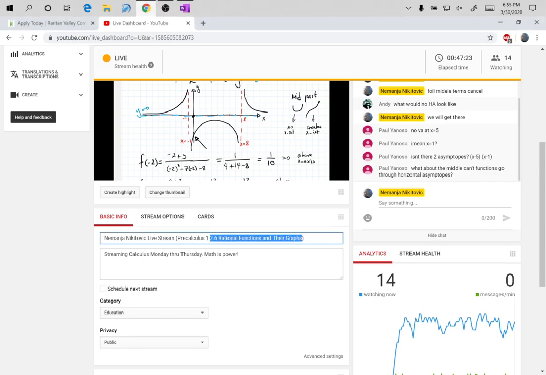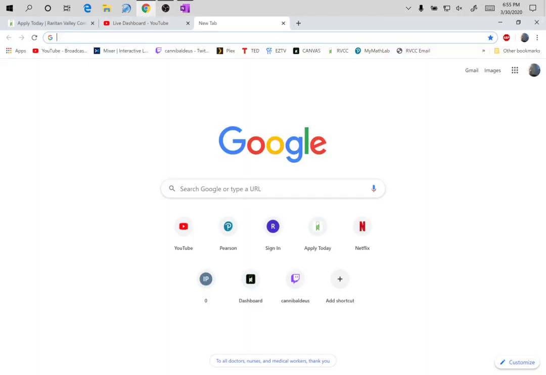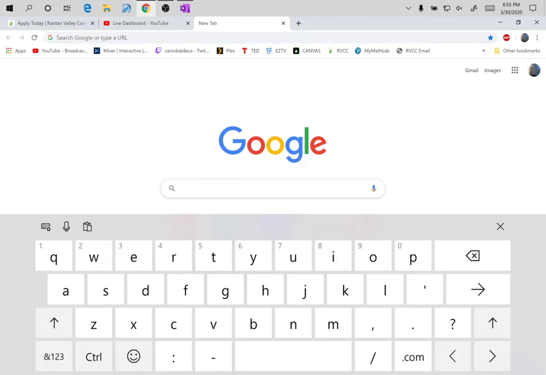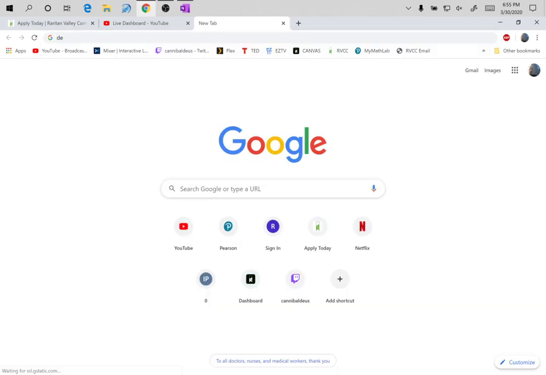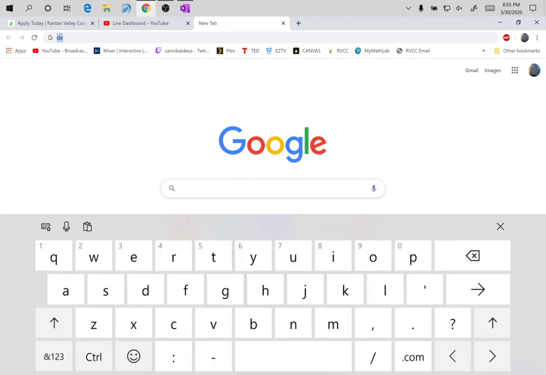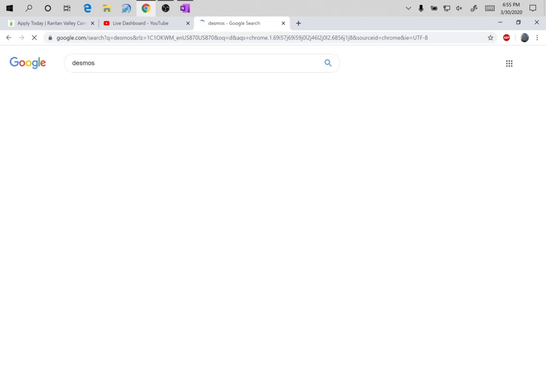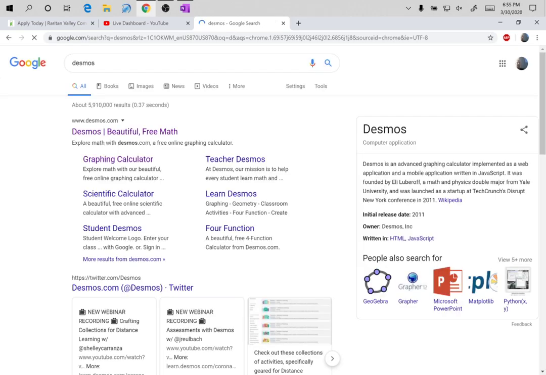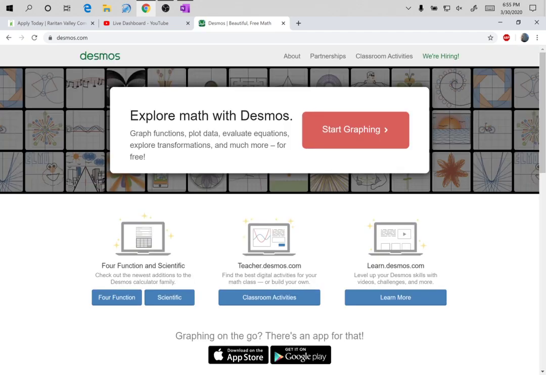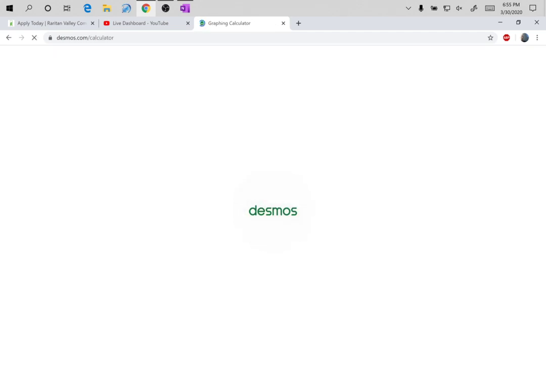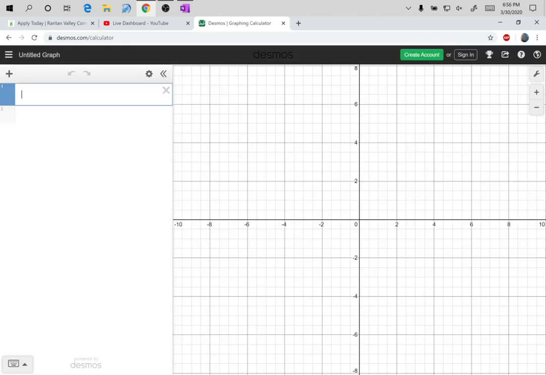So let me see if I can get Desmos real quick over here. Desmos. There we go. Beautiful graph. Start graphing. There we go. All right, so what is our problem?